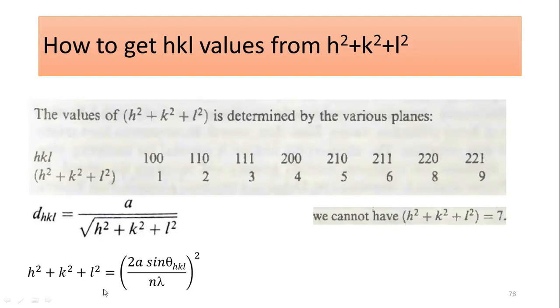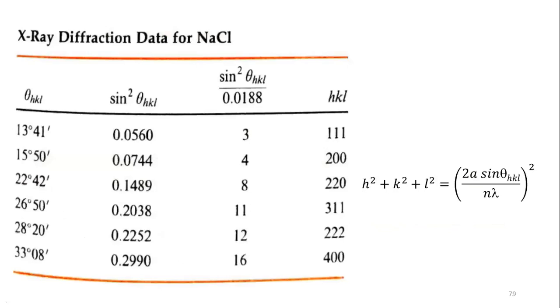And of course you can use this equation to calculate the hkl values. This is the last slide, and this is about the X-ray diffraction data of NaCl. Theta is given, and again this is the equation.